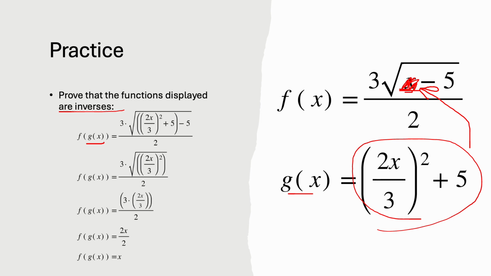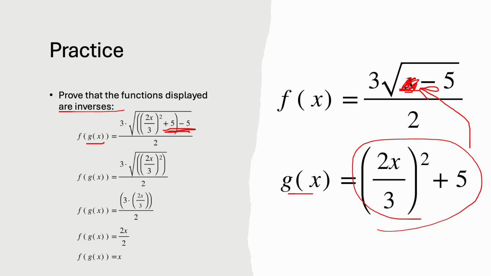if they are inverses, and fun fact, they're usually going to give you functions that are inverses to prove that you can determine that they are inverses. Usually, in fact all the time, if they're inverses, they're going to have these little parts that cancel each other out. For example, at the start, we have plus 5 and minus 5. Right away, we can cancel those out.